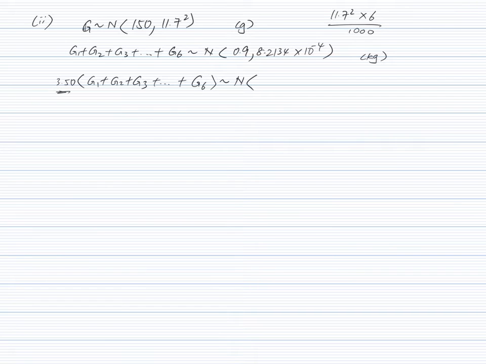So $3.50 here means I take 0.9 and multiply it by 3.5, which gives 3.15. For the variance, we multiply by 3.5 squared. Remember, the variance of 3.5x equals 3.5 squared times the variance of x. So we take 3.5 squared multiplied by this number to give 0.010061415.